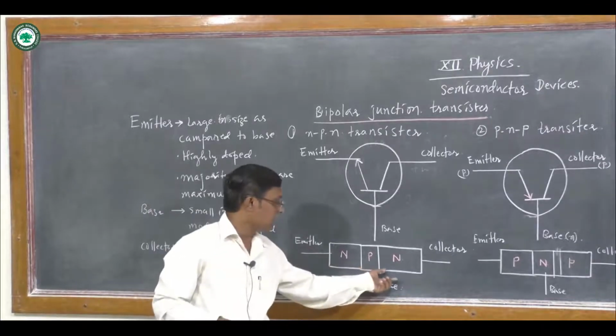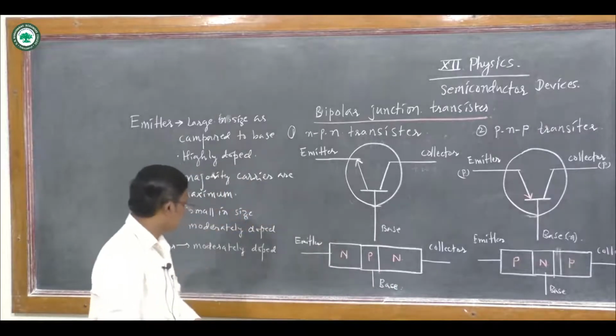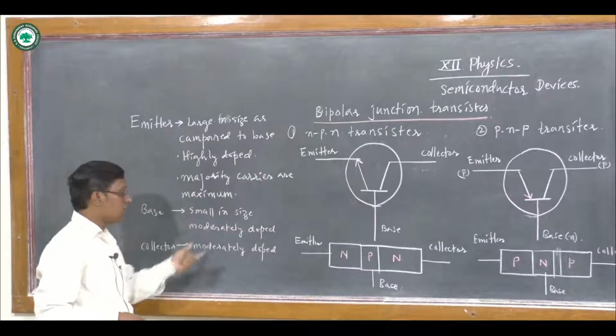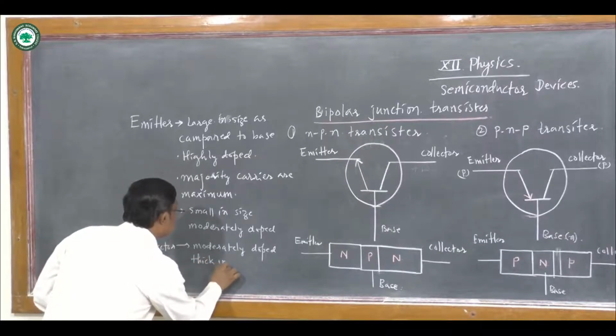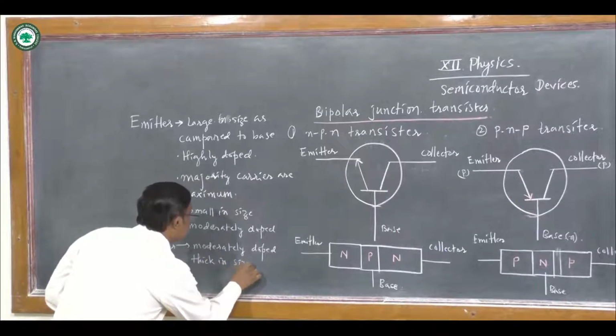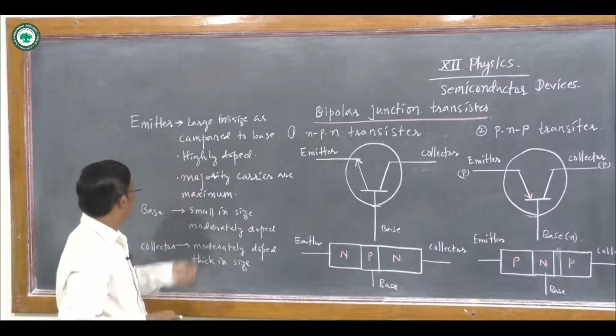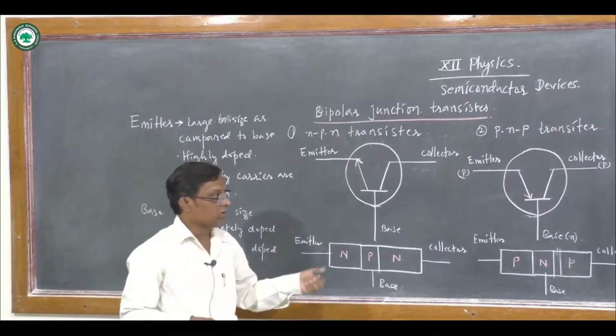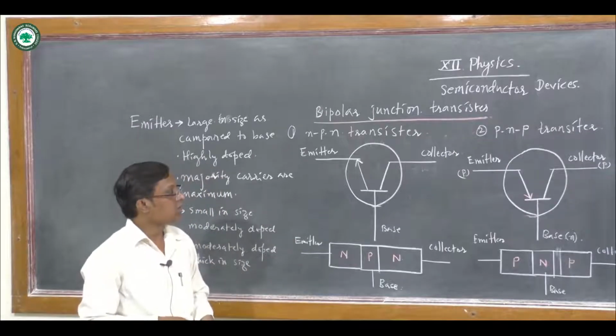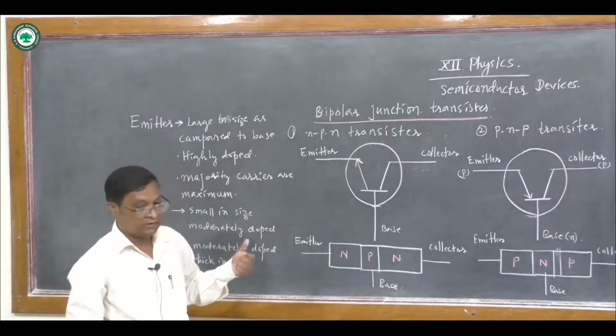This collector is thick in size as compared to the emitter and the base. This is what we have about the three terminals of the transistor.